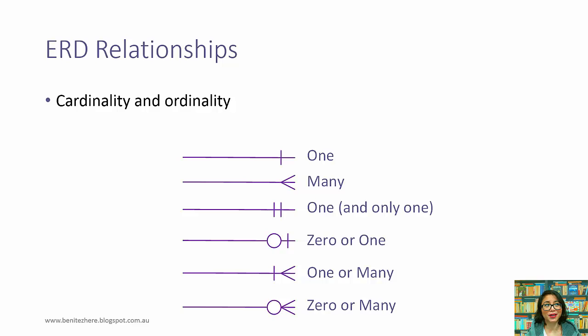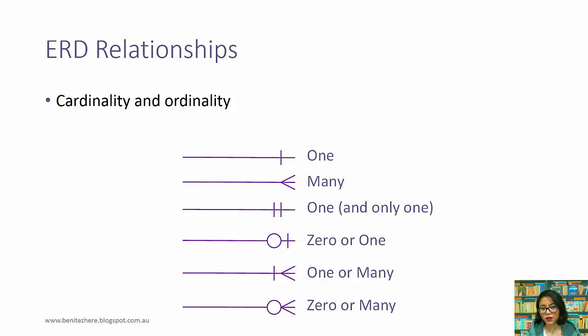In terms of the crow's foot model, there is this, I'm going to say thing, because I don't know how else to describe it. There's this thing called cardinality and ordinality, which essentially means, what is the maximum and minimum relationship from one entity to another. Up on the screen, I've got 6 types of them displayed: one and only one, 0 or 1, one or many, 0 or many.